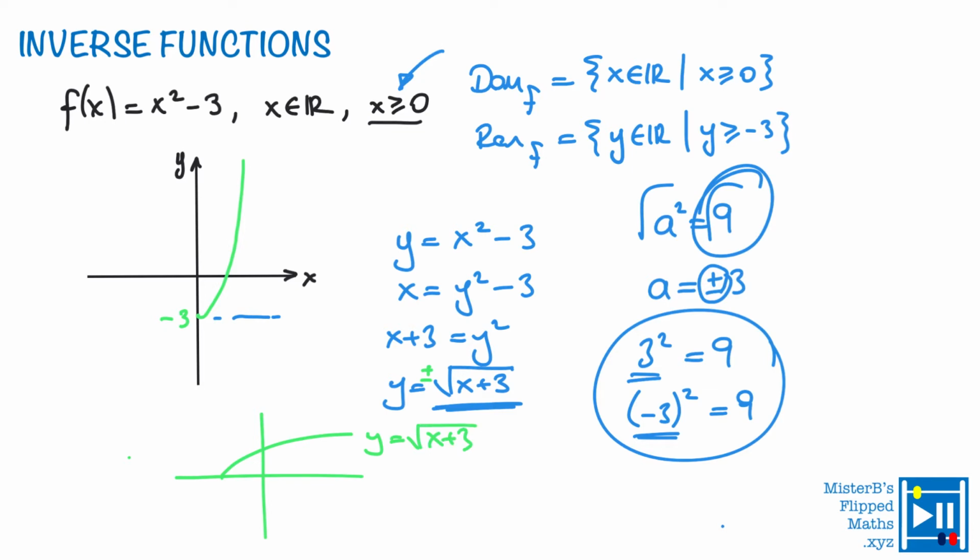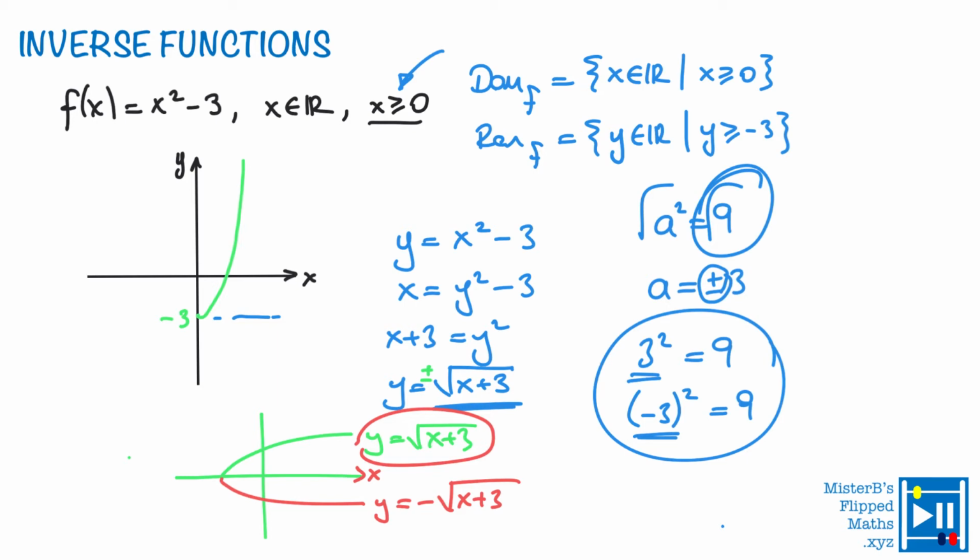And this is exactly the reflection of this graph about the x-axis, right? And this is y equals minus square root of x plus 3. But by default, we consider this as our inverse function, and we cannot consider them both, because then it's not going to be a function at all, okay? So we just go with the positive value.